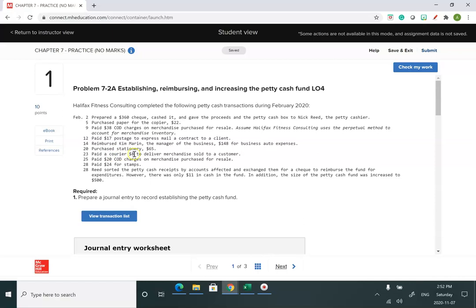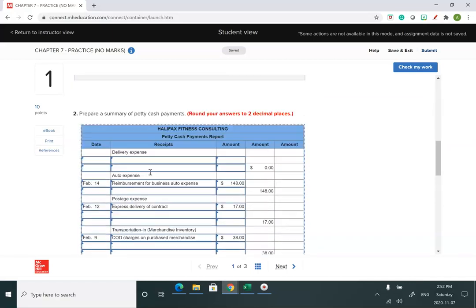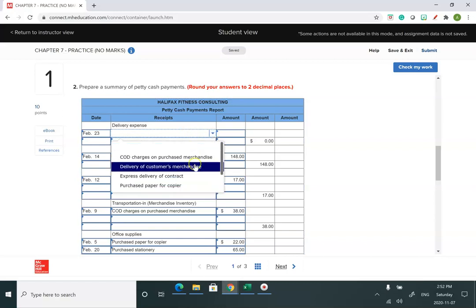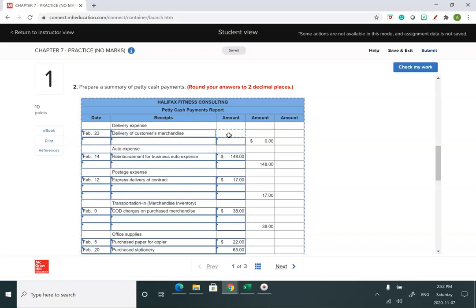Then it says paid a courier $8 to deliver merchandise sold to a customer. So I might have a delivery expense account. We'll just see here. Yes, I do here. If not, I would have put it under office, but since we have a separate account for it, we'll put it here. So February 23rd, delivery of customers' merchandise for $8.